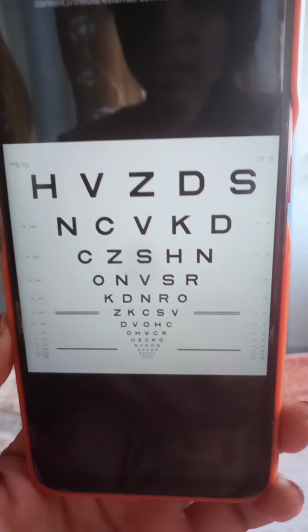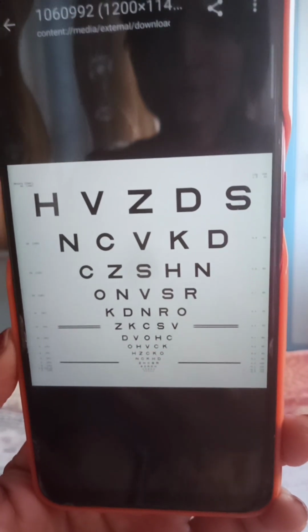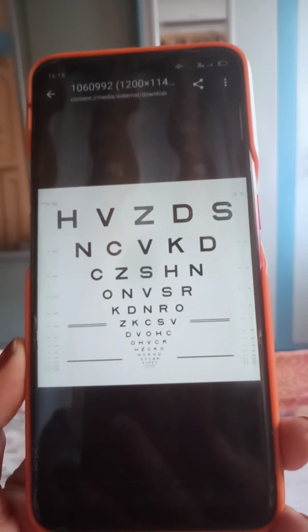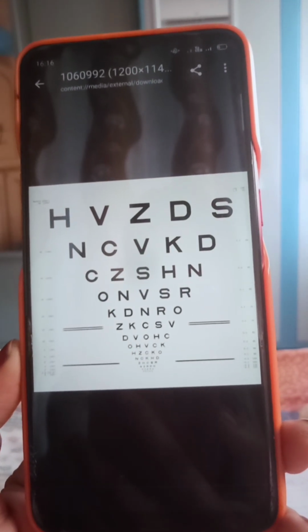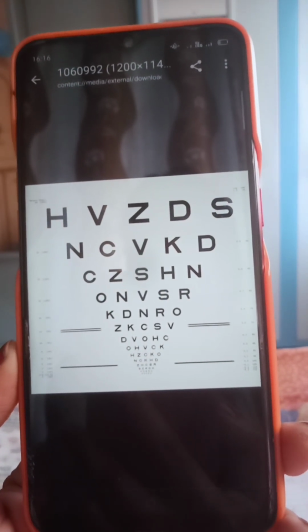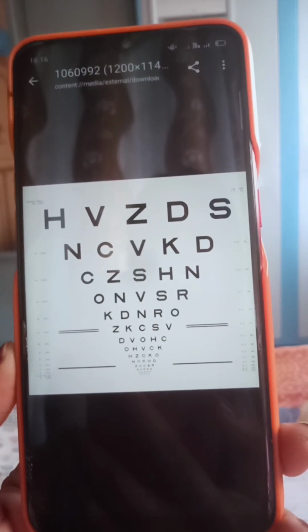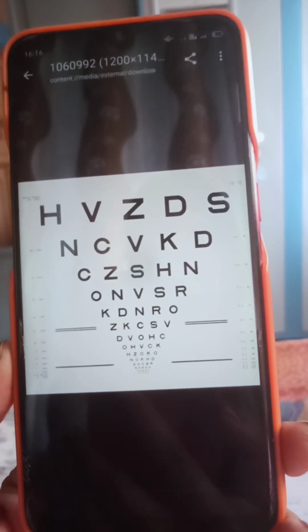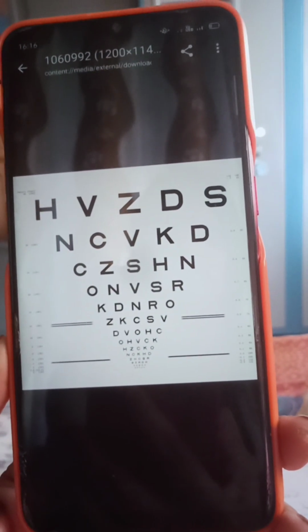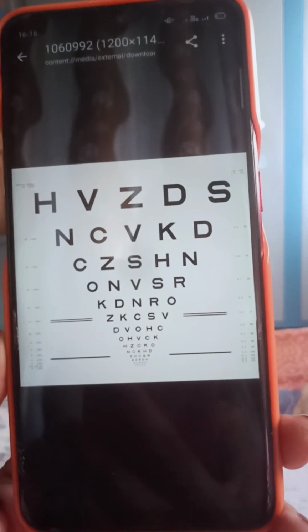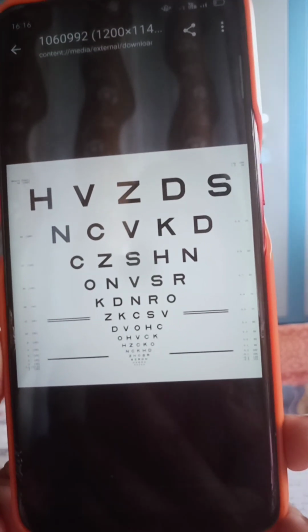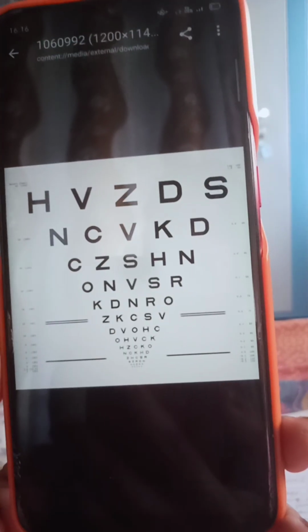So we can compare the visual angles, because if it is tilted like this, the upward letters or optotypes are at more distance than those letters down near the bottom end. So it's going to alter the distance, and when the distance is altered, we cannot compare the lines and the visual acuity will be affected.